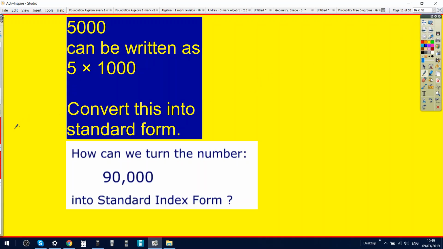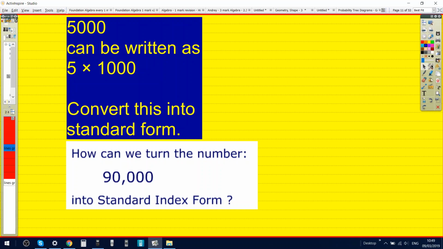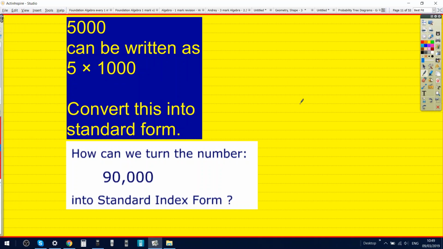Okay, how about this one? Is it the 5 times 1,000 one we're doing? Yeah. So converted back into standard form, would that be 0.5 times 10 to the power of 4? And why did you make a 0.5?